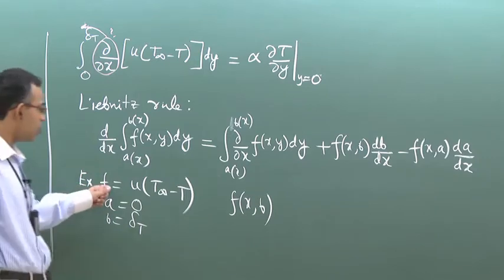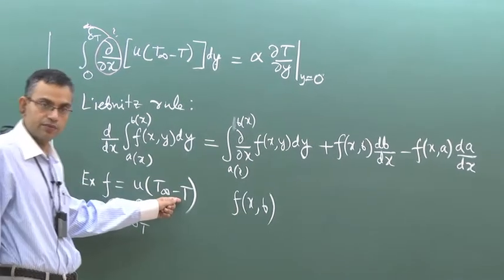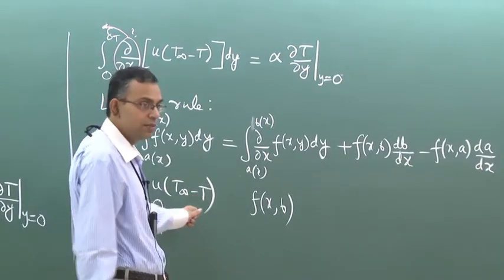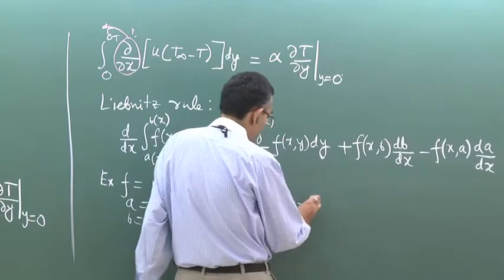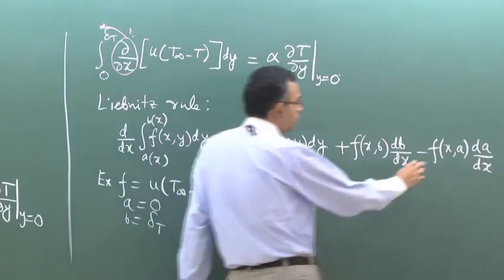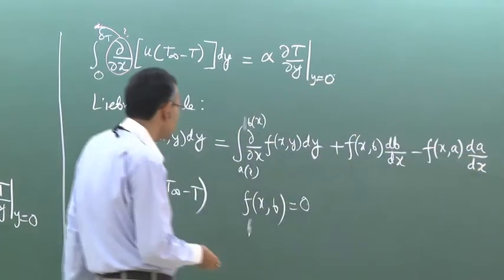That is f at y equal to delta t, which is 0, because at y equal to delta t, T is T infinity, so this term becomes 0. What is the other correction term? This is 0 because A is 0, so dA dx is 0.